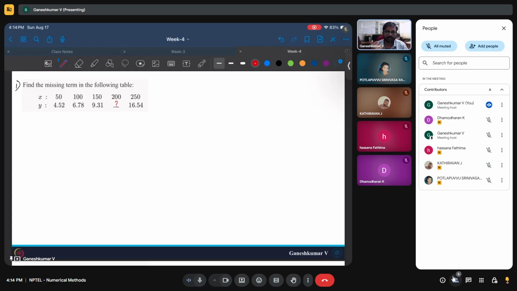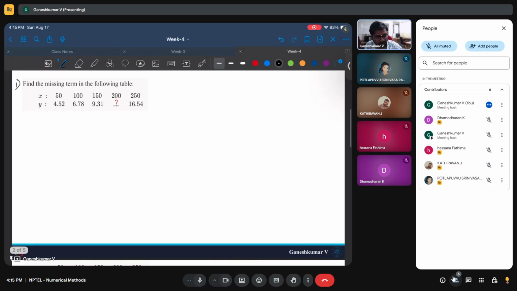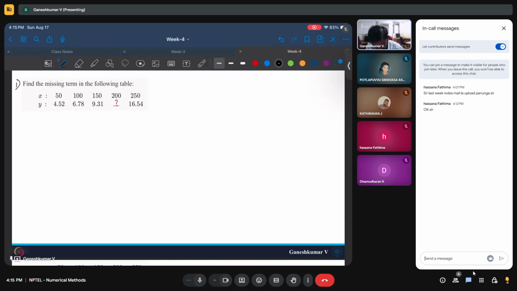So you need to find this missing term. But you have been given only 4 data points. How do we proceed with this problem? If you have any ideas, please let me know.